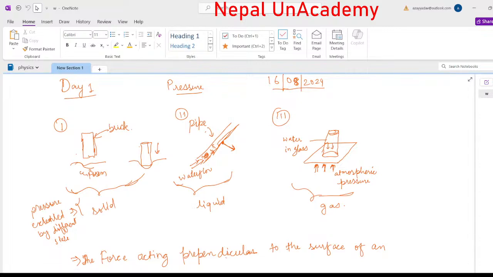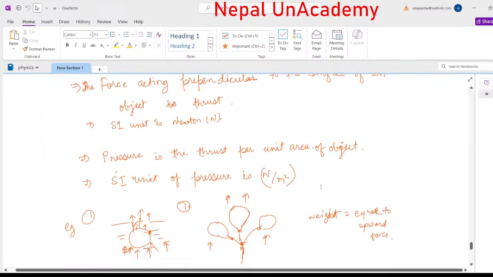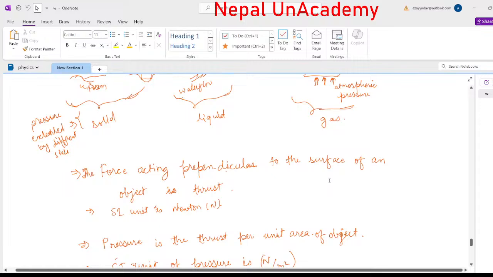So we saw examples in the previous class, and we defined pressure. The force which acts perpendicular to the surface of an object is called thrust.